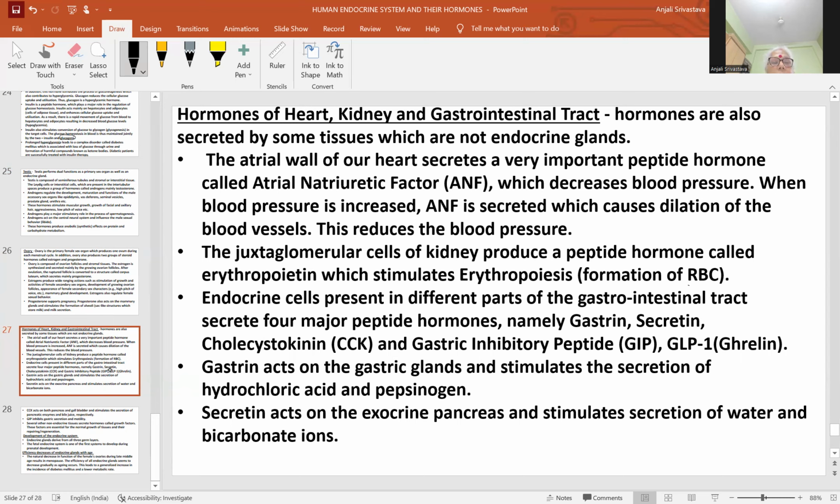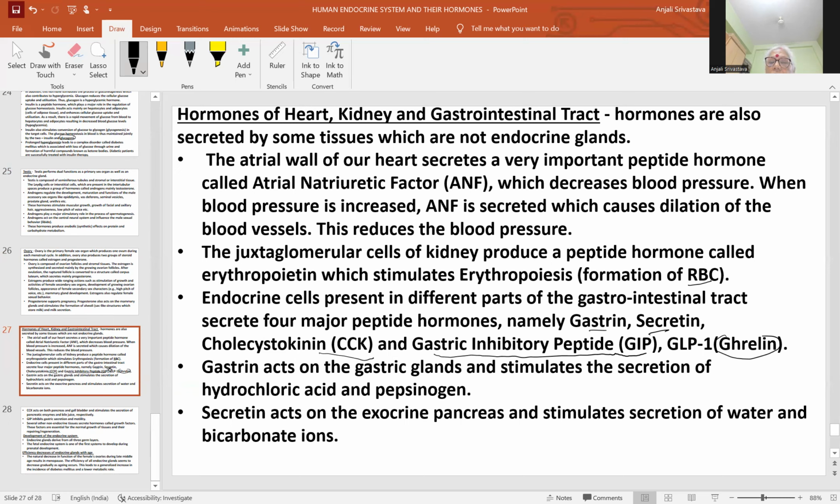The endocrine cells present in the part of gastrointestinal tract secrete four major types of hormones: gastrin, secretin, cholecystokinin, CCK, and gastric inhibitory peptide, GIP. And this group is also called as ghrelin. Chart में आप देखिएगा एक जगह ghrelin mention किया हुआ है. So this group of these hormones together can be called as GLP-1 or ghrelin.